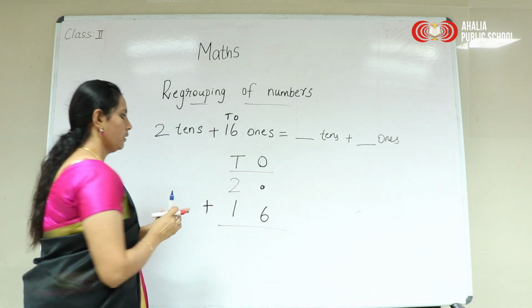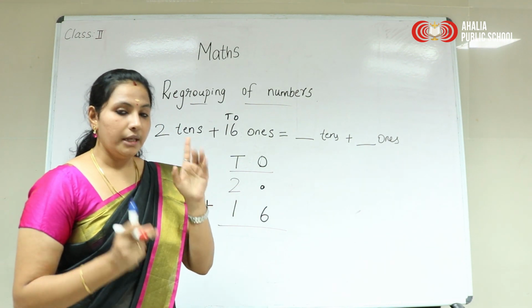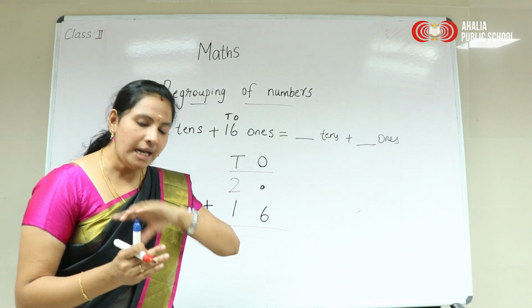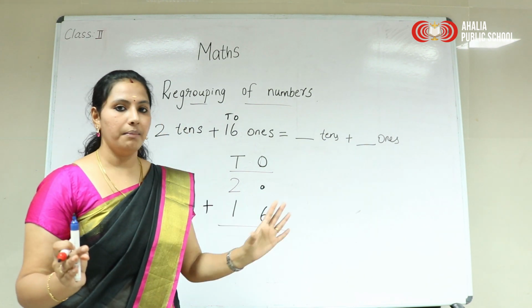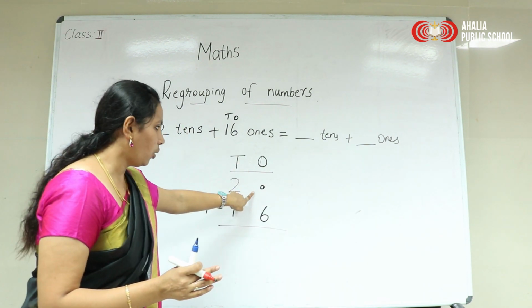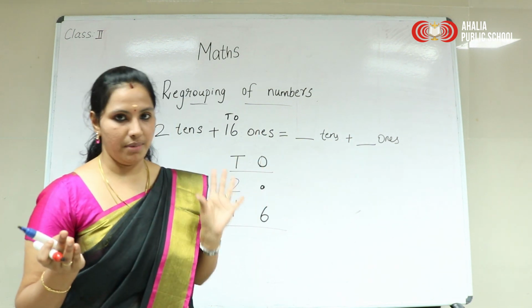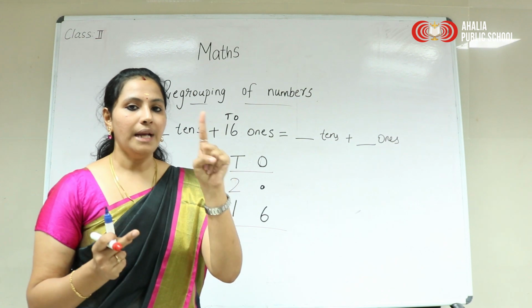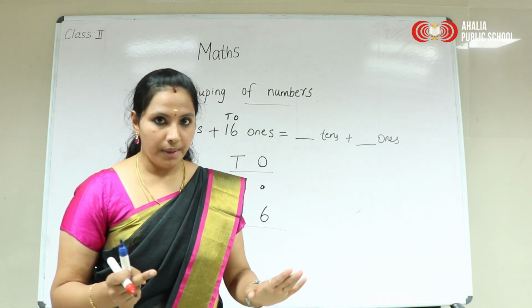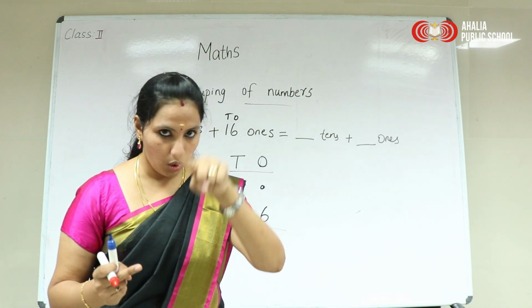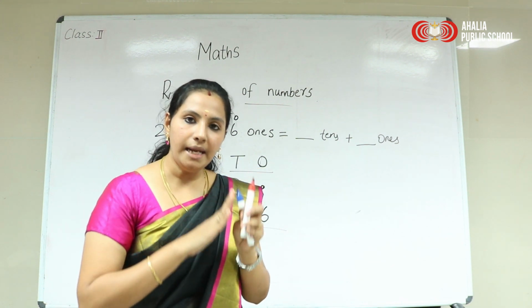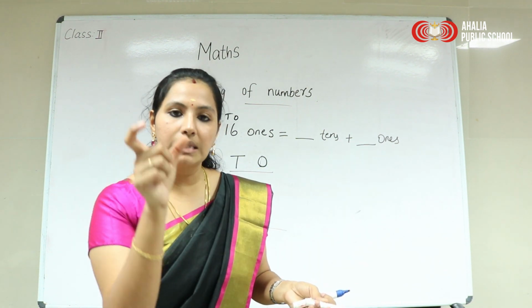Now, if we add any number with 0, what number will we get? The same number. If we add any number with 0, you will get the same number as the sum.